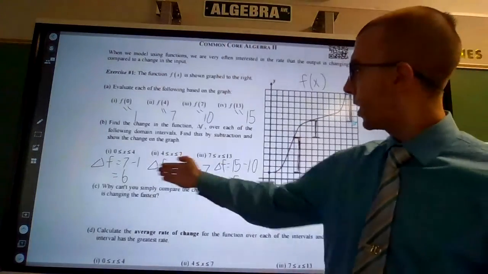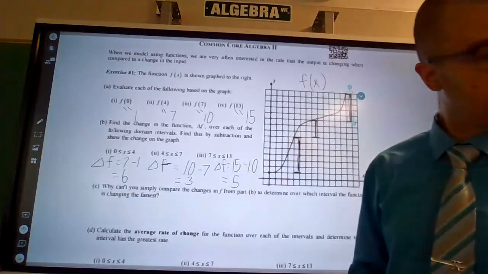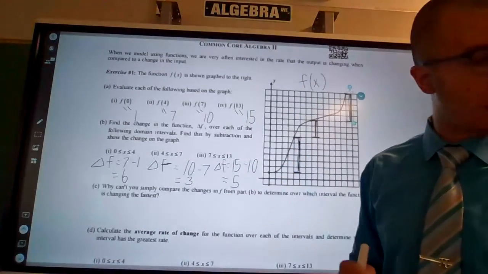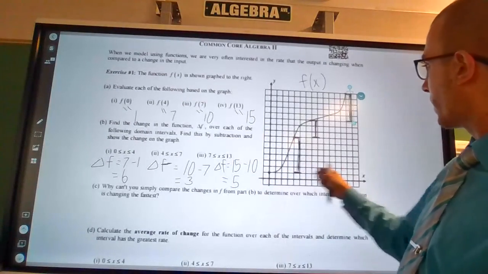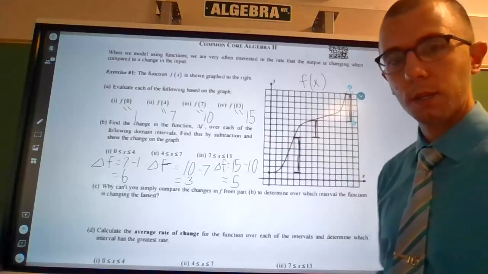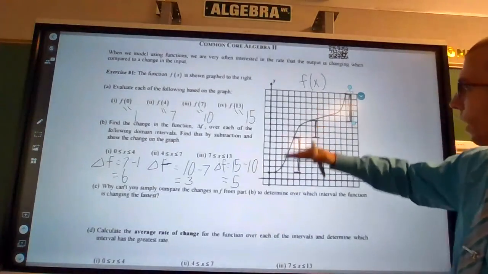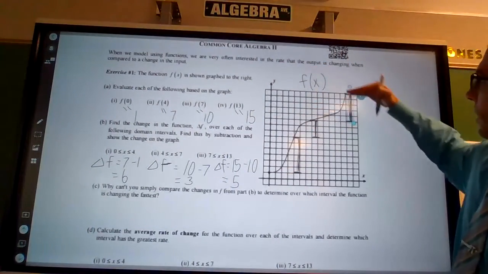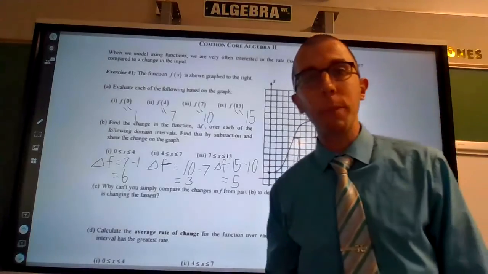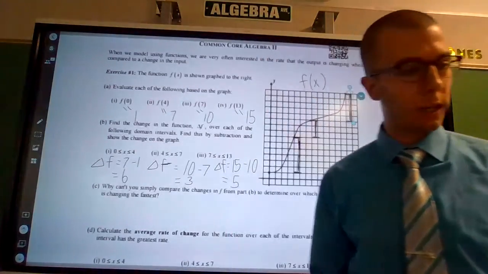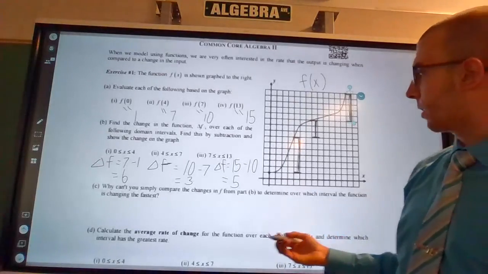So one value like this, the change in the function, does not give the whole story. These changes don't take into account the fact that they're happening over different x intervals. So we have to take that into account. It's not just about how much the function has increased, but over how big of an interval did that function increase. Okay, so we can't simply compare those changes.